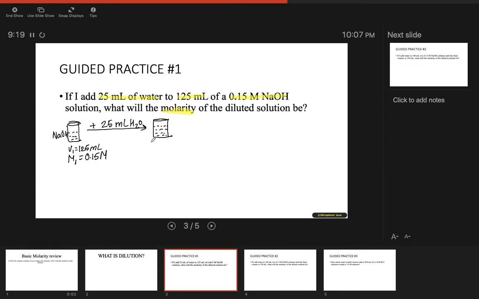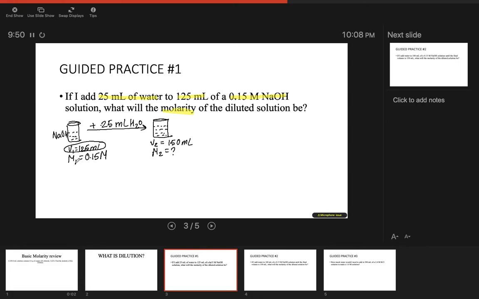They want us to find the second molarity. Now we can find volume 2, because my volume 1 was given, and I added 25 milliliters more. That means 125 plus 25, which gives me 150 milliliters.